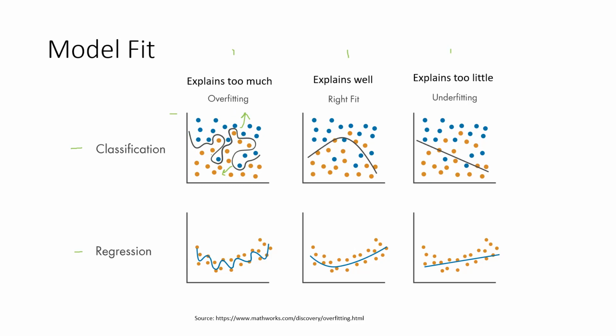So here you see these blue data points that are in the region of the orange class, and these orange data points that are in the region of the blue class, are kind of noise, right?